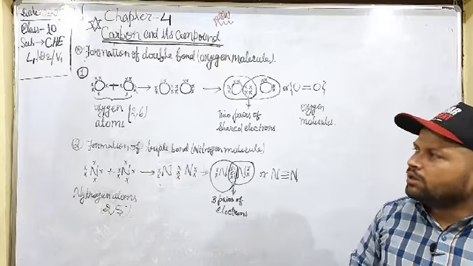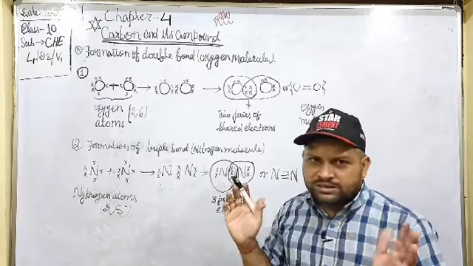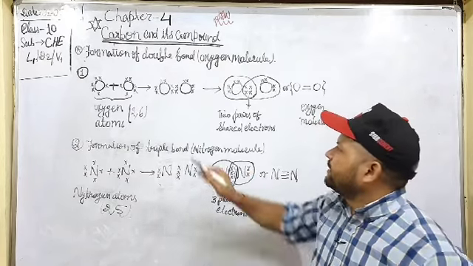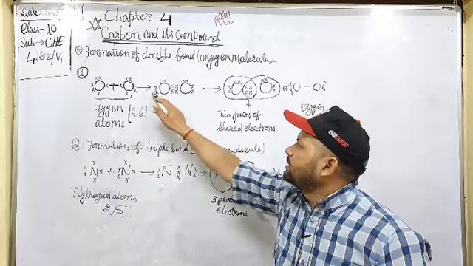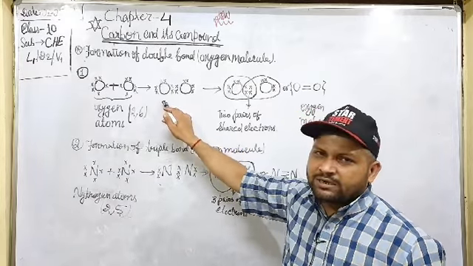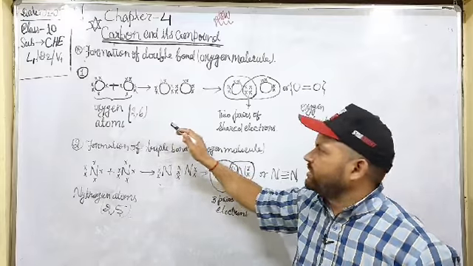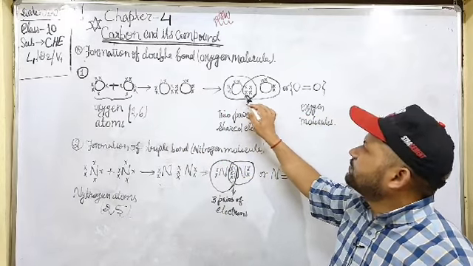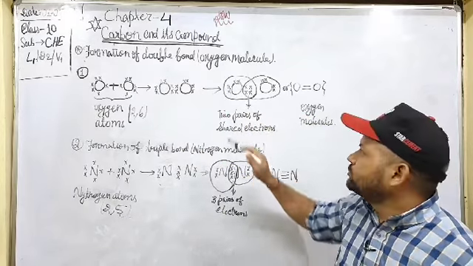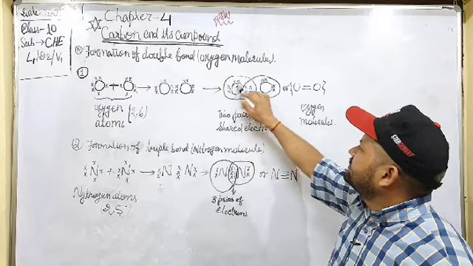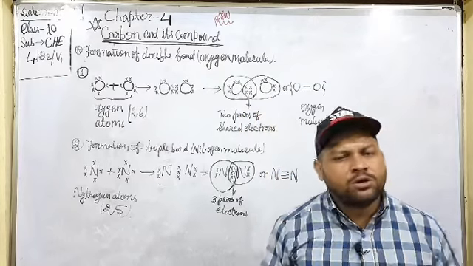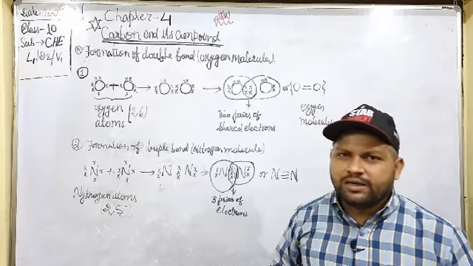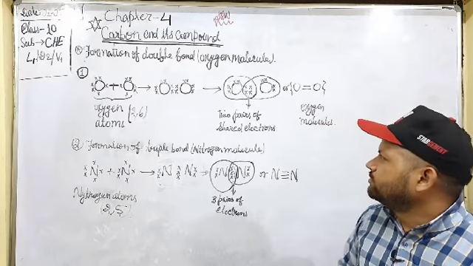Understood? When both share 2 electrons, then this oxygen atom completes 8 electrons in its last orbit, and this oxygen atom also completes 8 electrons in its last orbit.